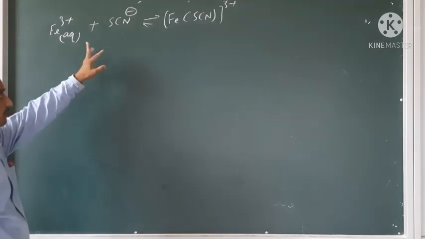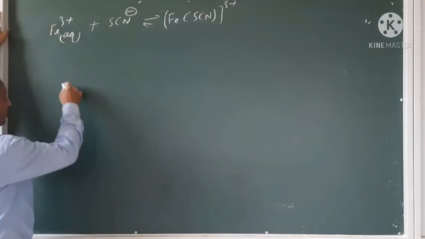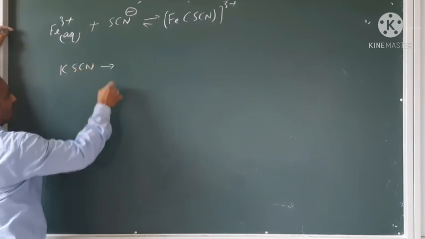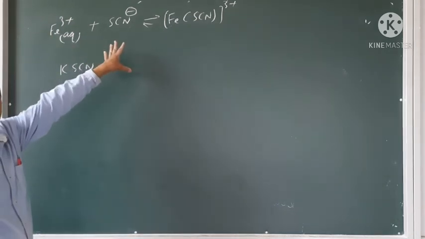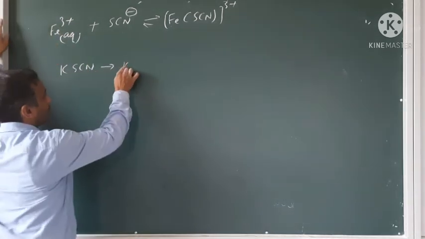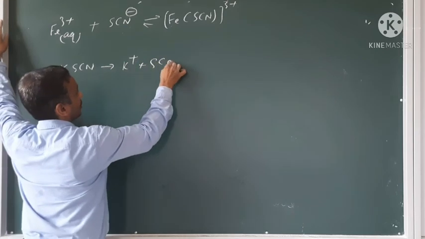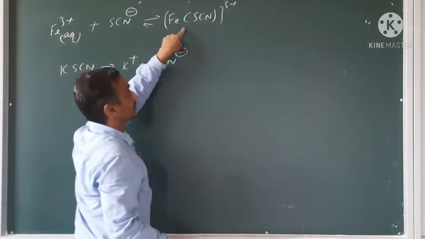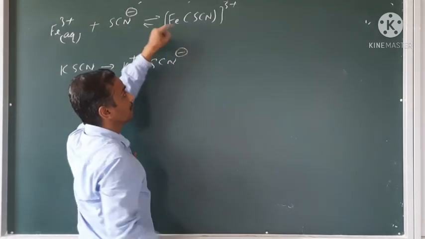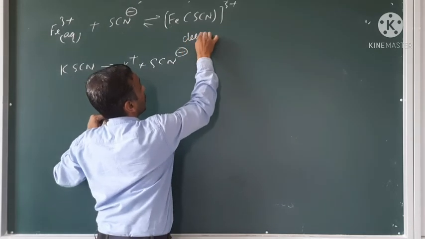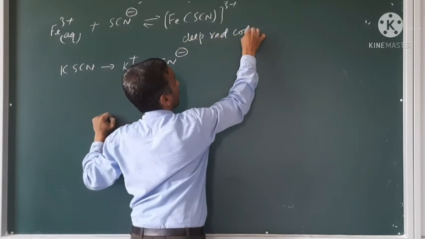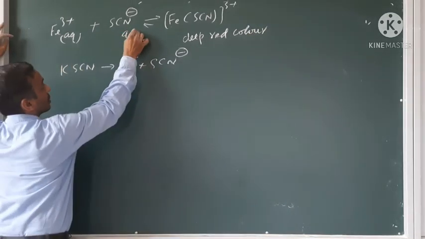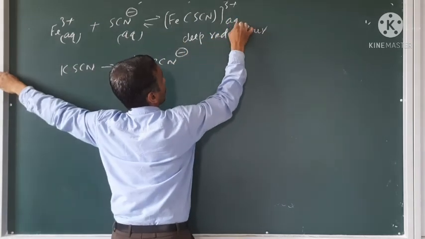In this, SCN- will be given by KSCN, potassium thiocyanate. Potassium thiocyanate will give K+ and SCN- ion. And remember, this compound FeSCN2+ is deep red in color, and it is in equilibrium also. This also aqueous, this also aqueous.